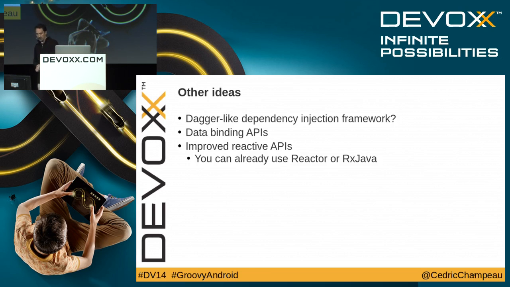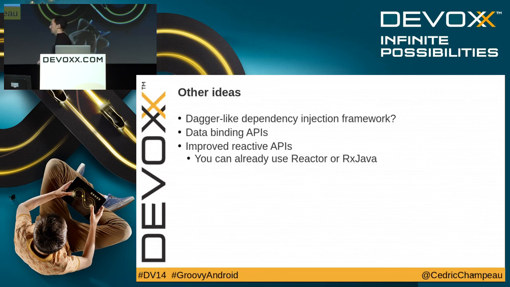Another topic is that, again, the community is important, but you may already use some third-party libraries in your current Android projects. Some of you may be using Dagger. The problem is that Dagger for dependency injection works on Java files, so you will not be able to use it in Groovy if you use Groovy files.